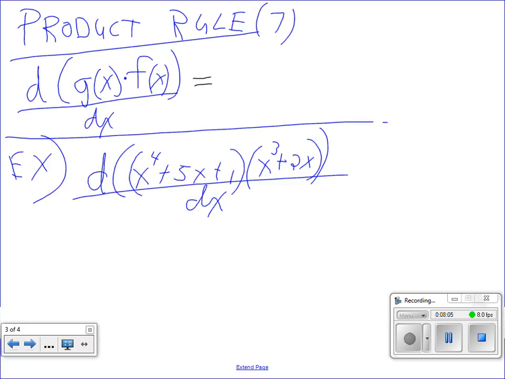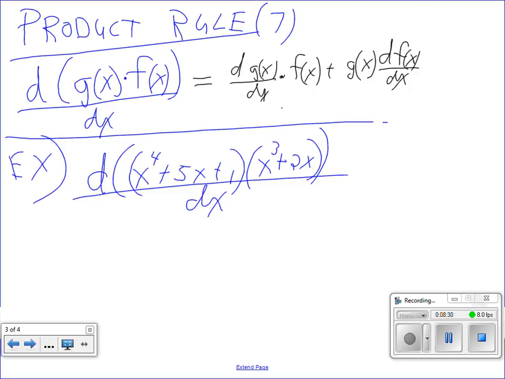This is going to be, I use a little different notation, the derivative of g of x with respect to x times f of x plus g of x times the derivative of f of x with respect to x.